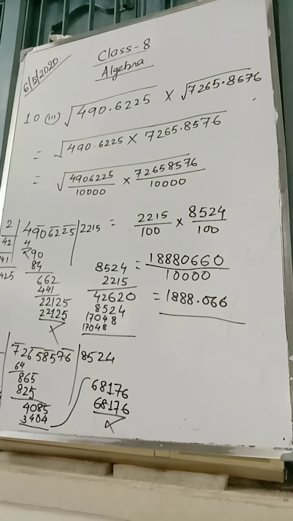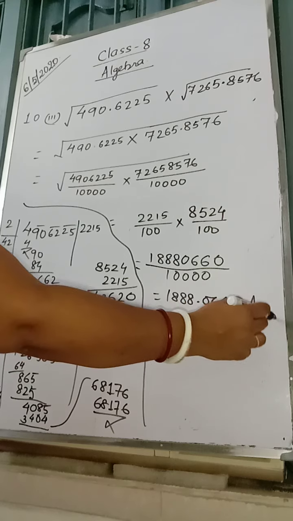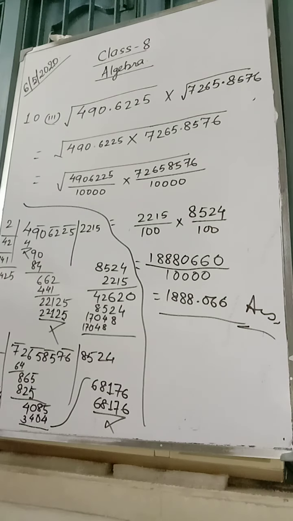No, it's correct only. Okay, so you do question number 9 and 10, you finish it. In this way we have to find it, and then you have the answer. This is rough I have done. I have found the square root. This is the answer. Okay, in this way we have to solve it.